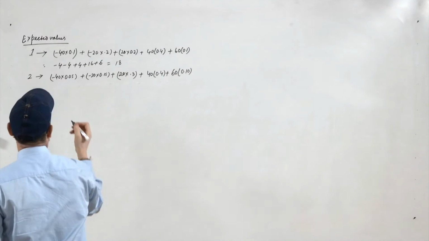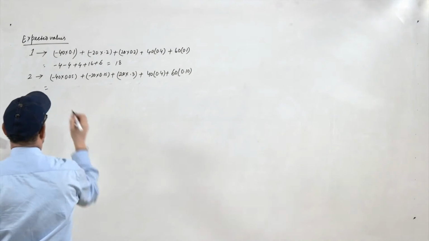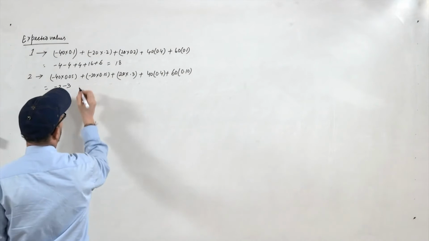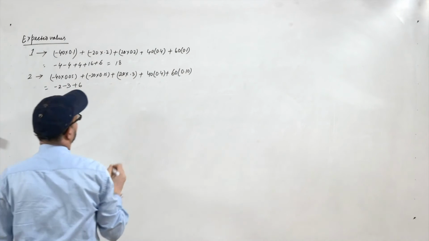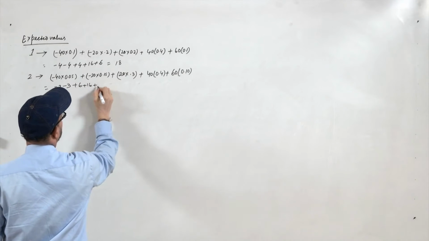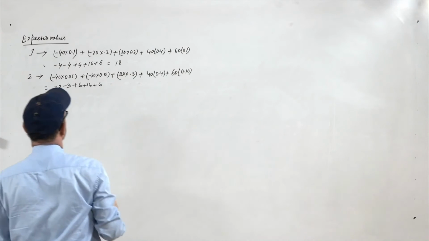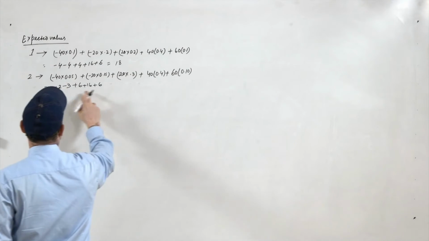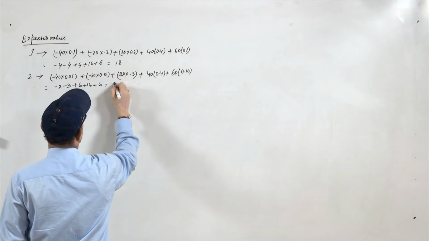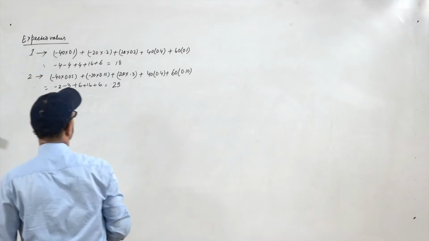So, you will get minus 2, minus 3, plus 6, plus 16, plus 6. So, 28 minus 5, that is 23.